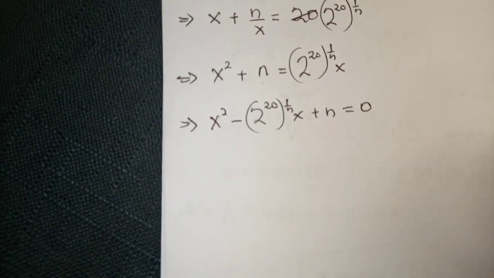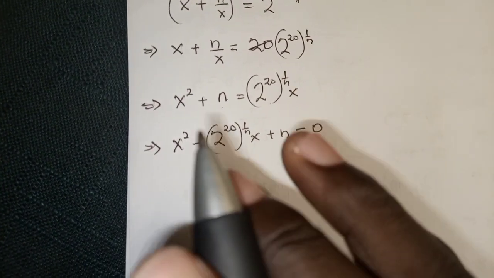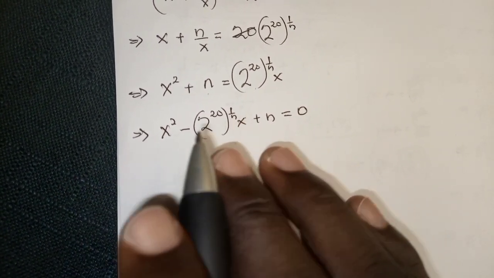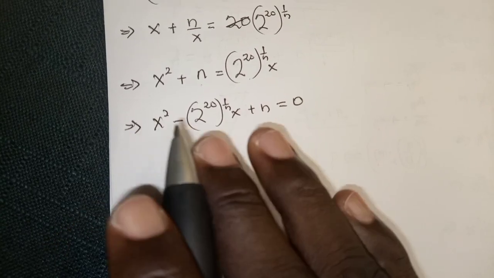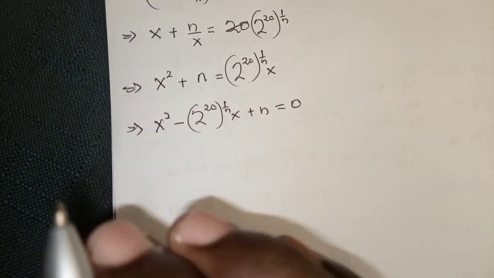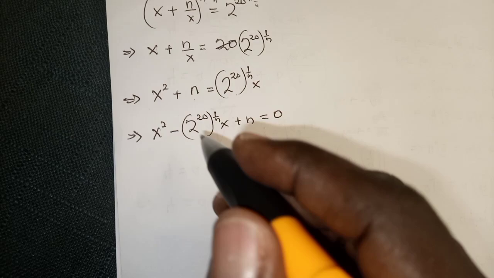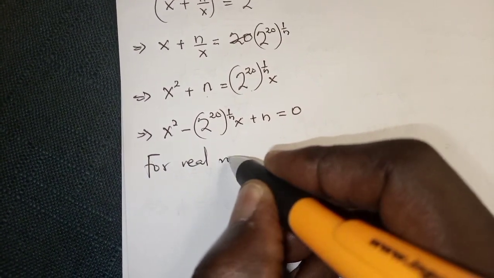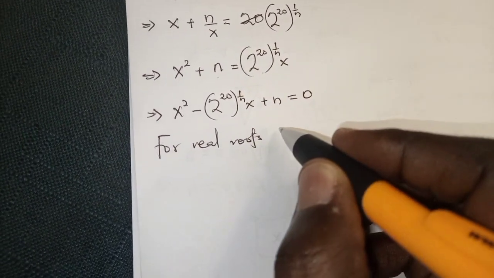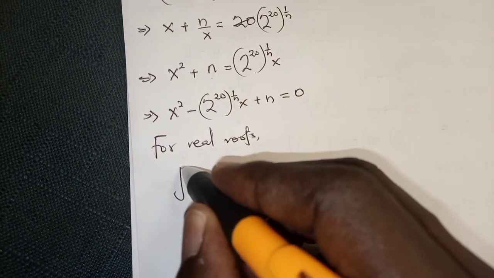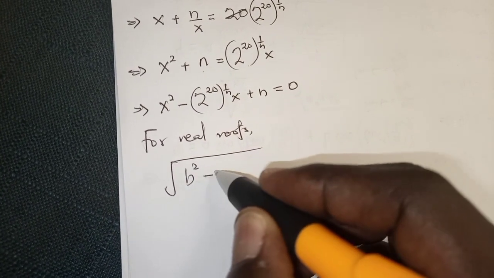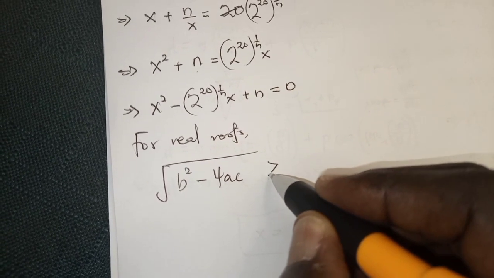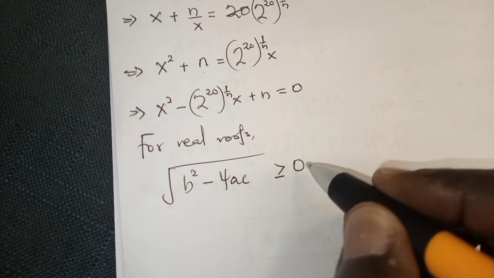Now the next thing we do is apply the discriminant, because now we have the zero quadratic equation from which we determine the discriminant, and we know that for real roots, the discriminant b squared minus 4ac should be greater or equal to 0.